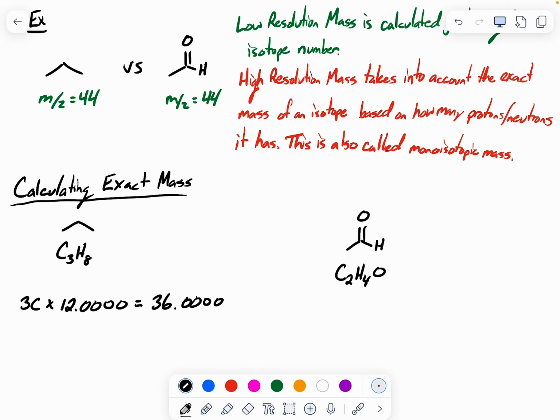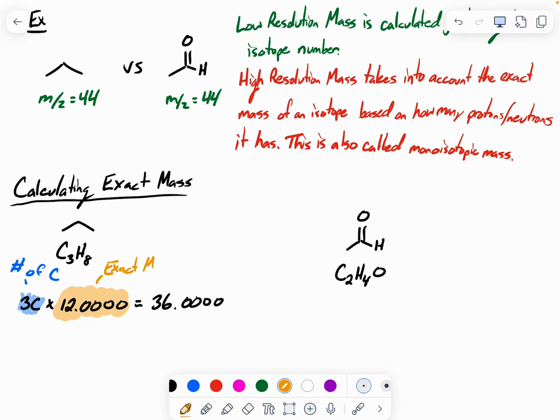And so this is still good because we've still done, like we've seen before, our number of carbons times our exact mass of carbons to get our exact mass of carbons within our molecule.